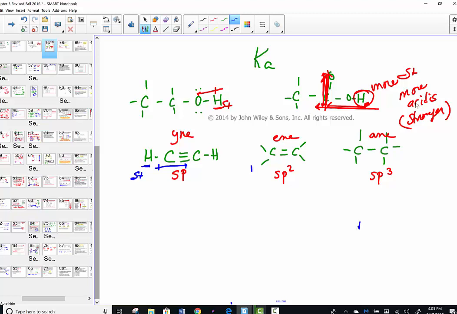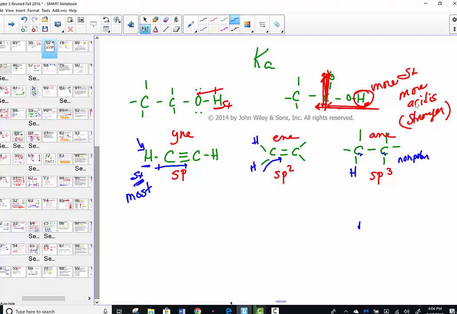When I look at hydrogens in a double bond, there is a greater density between the two carbons, but it's less positive than the triple. And by the time I get to all single bonds, the electron distribution between the two carbons is pretty even, so this is a non-polar molecule, and the hydrogen as a target would not be very acidic. It's not as positive. So in a triple bond, this hydrogen is most positive.